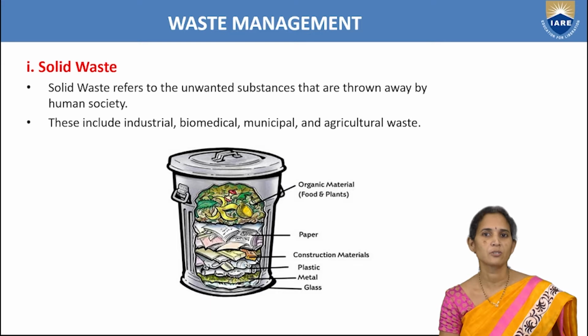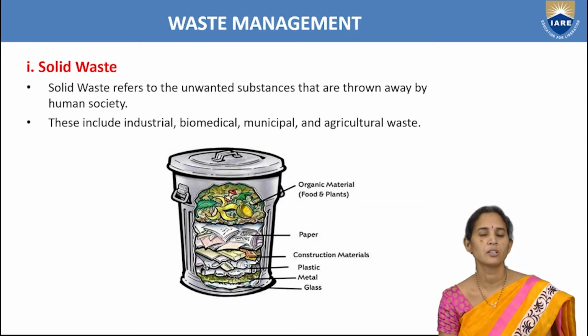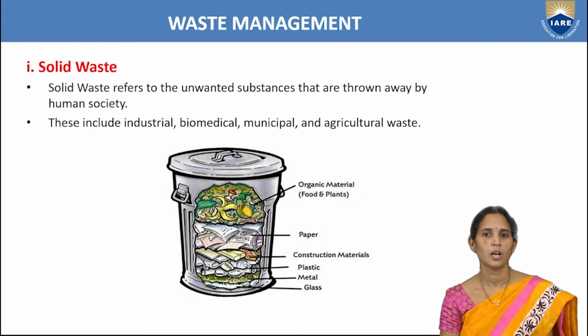What does solid waste mean? Solid waste refers to the unwanted substances that are thrown away by human society. For example, every day we cut vegetables and throw the vegetable scraps, we throw waste paper, and we throw waste bottles after using. All these are solid waste. These include solid waste from industries, hospitals, biomedical waste, municipal and agricultural waste.